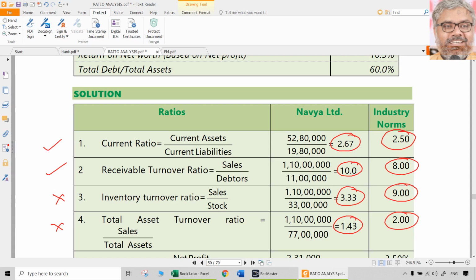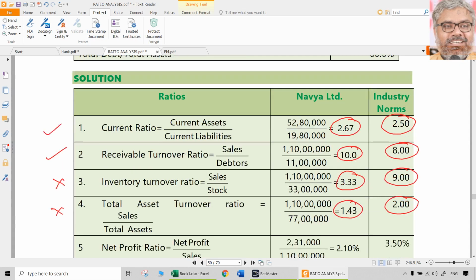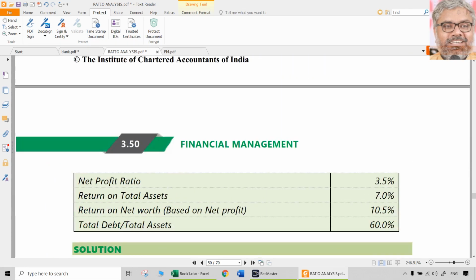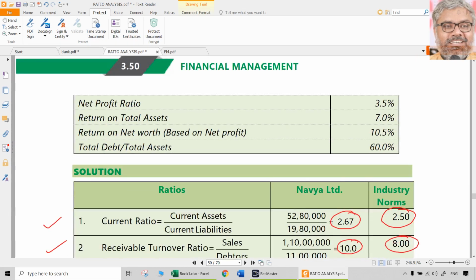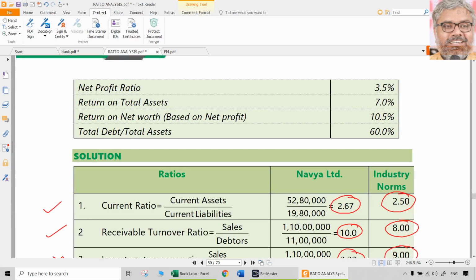Either it is not able to sell properly, meaning its marketing team is weak, or it is creating huge amounts of stock conservatively for selling to customers in future, which is also not a good sign. So the third and fourth indicators show a little negative result for Navya Limited.